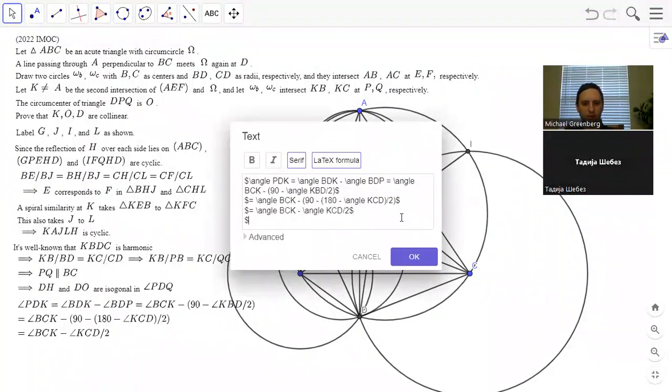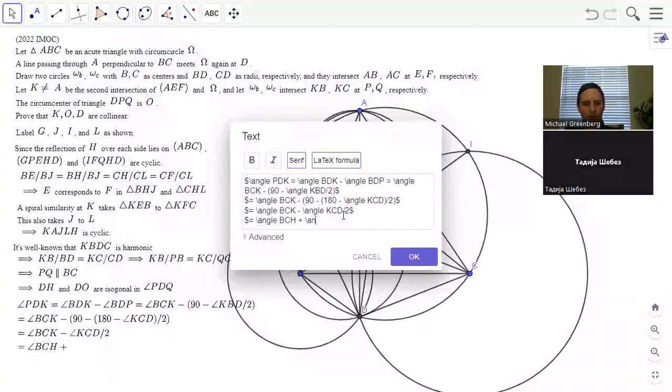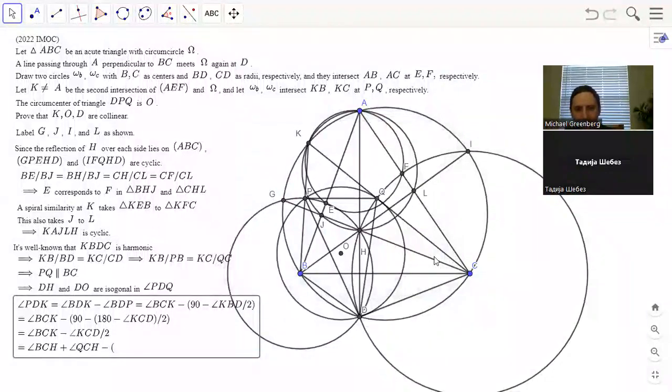BCK is BCH plus QCH, minus KCD, which is QCH plus 2 BCH.